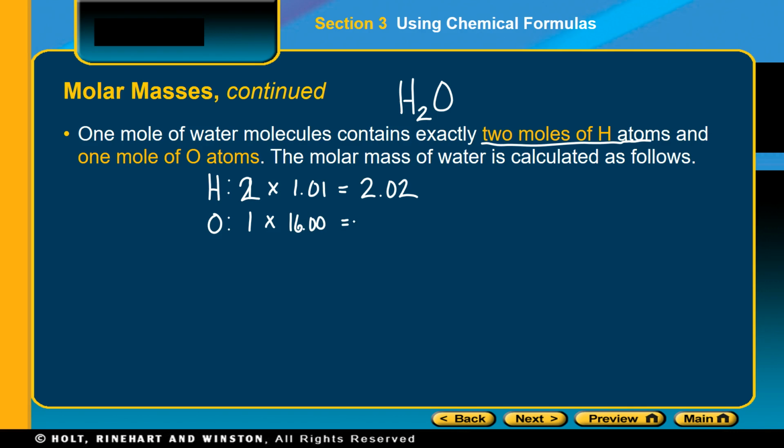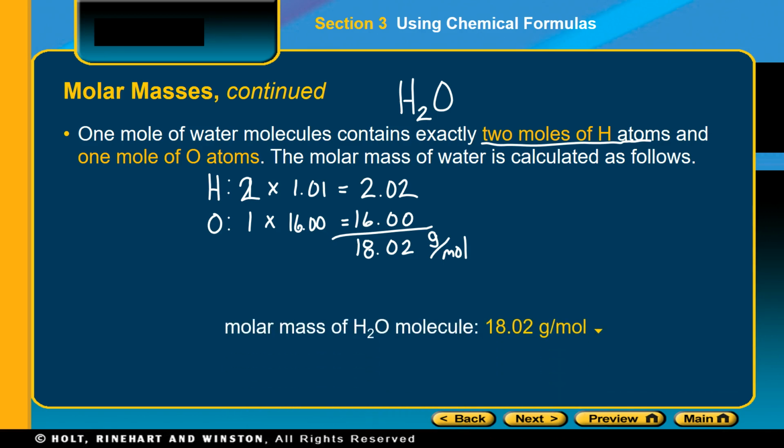All right, and so what would the molar mass of water be? All right, so the molar mass of water in this case is going to be 18.02 grams per mole.